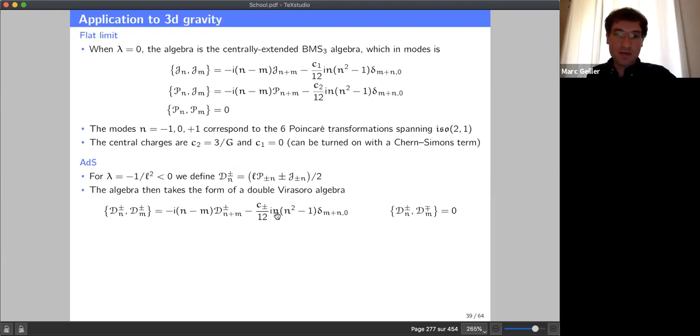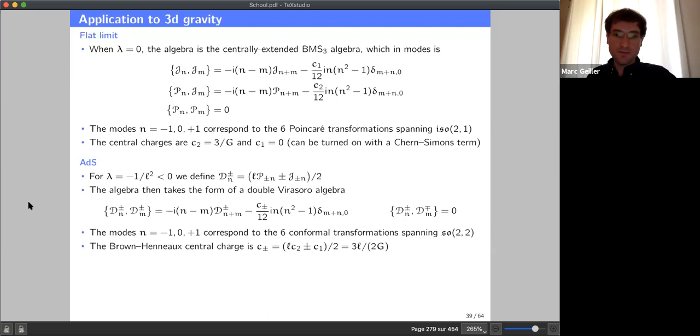Virasoro algebra is a central extension of the algebra of diffeomorphisms. So this D plus minus, you see that they form two commuting plus and minus Virasoro algebras, and plus and minus commute. And there is a central extension. Again, there are 6 zero modes corresponding to n equals 0, -1, and +1, where the central charge disappears.